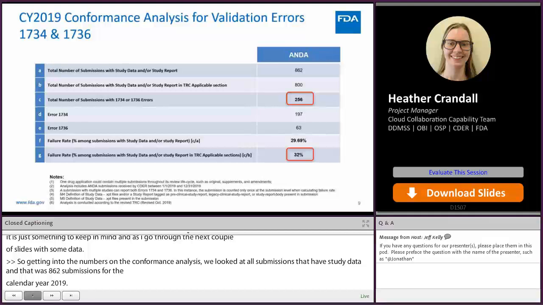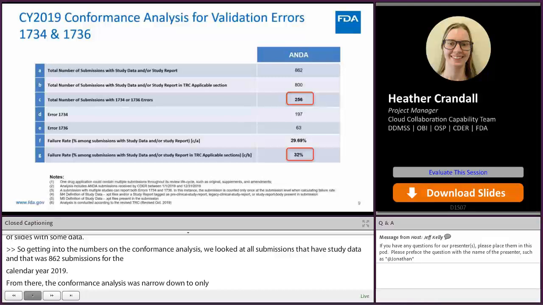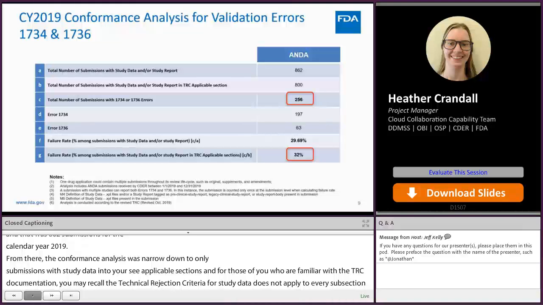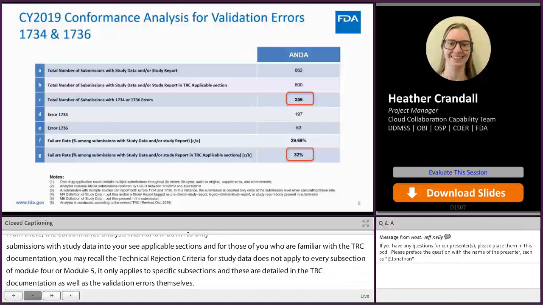For those of you who are familiar with the TRC documentation, you may recall that the technical rejection criteria for study data does not apply to every subsection of Module 4 and Module 5. It only applies to specific subsections, and these are detailed in the TRC documentation as well as the validation errors themselves. So we narrowed that down to just those TRC applicable subsections.